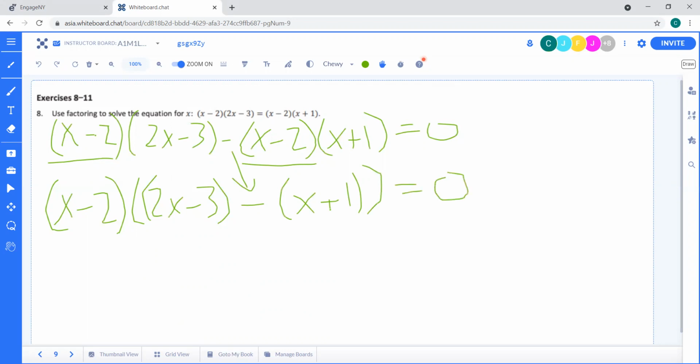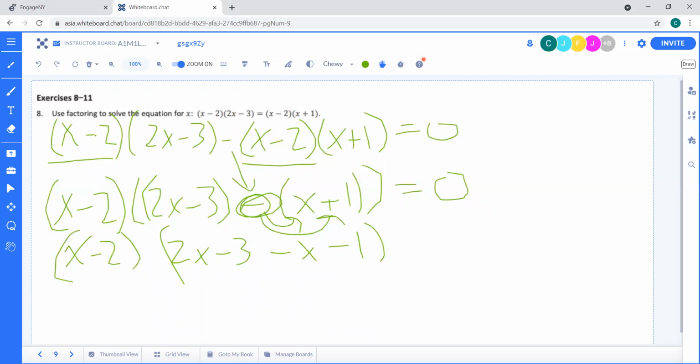Now, we can do this. We're going to distribute this negative right here to this term and this term. So we're going to have 2x minus 3 minus x minus 1. Now I can combine like terms. That gives me 2x minus x is x.